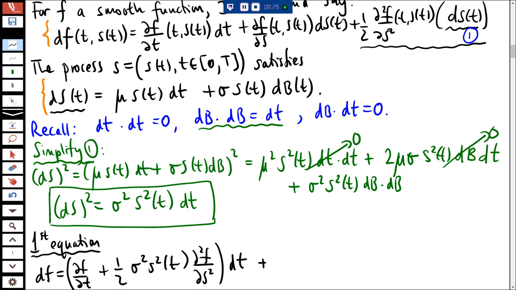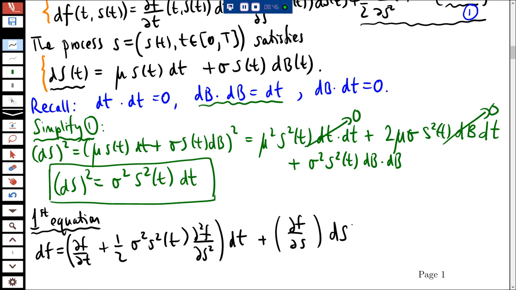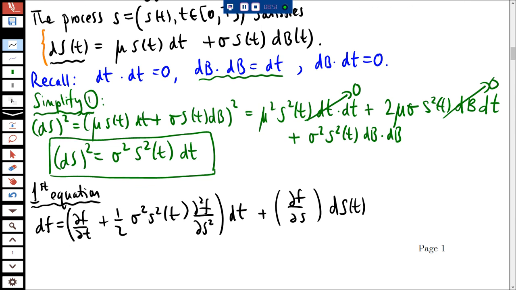And now the ds term, that's just the middle term. Okay, I'll put in a bracket. I think I'll call that ds dt. Okay, so there's my first equation for f, which depends on t and some s of t, so I think I'll just call it x for now.